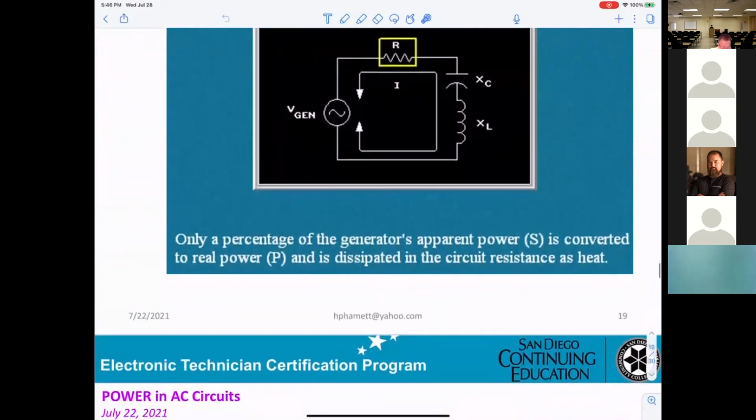Only a percent of the generator apparent power is converted to the real power, and this is fed into the circuit resistance as heat. You understand? For sure, when the current goes to the resistor, you get the real power.